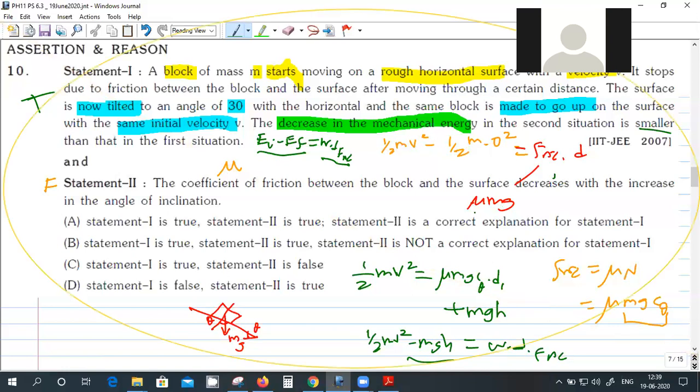In the first case, the work done against friction is half mv square. In the second case, it's half mv square minus mgh. So work done against friction in the second case is small. So there is a decreasing mechanical energy. So this quantity is smaller in the second case. So C is the correct option.